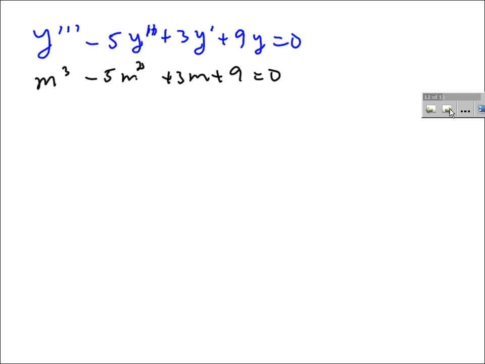So you want to look at these coefficients, 1, 5, 3, 9. And you want them to give 0. And I notice, oh, look at this. If I add the first three numbers, I get 9. And if I take away 9, I'll have 0.